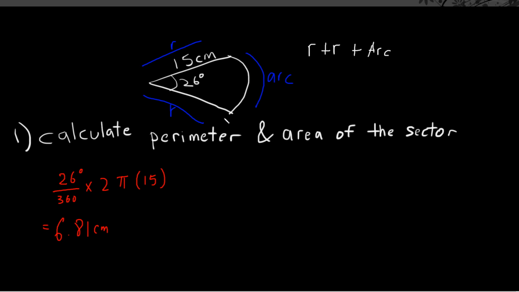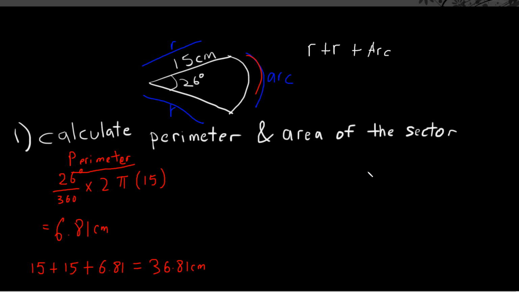Now this is the value of your arc. To find the perimeter, you simply use the radius plus your radius plus your arc. So the perimeter would be 15 plus 15 plus 6.81. You would have gotten 36.81 cm as the perimeter.